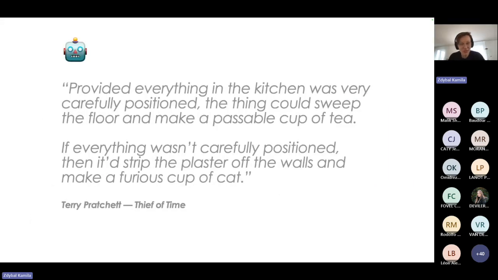So finally, there's this interesting quote that comes from Terry Pratchett, and I think it fits many machine learning algorithms, and especially t-SNE. There's this book where there was this robot, and that's a quote about this robot. "Provided that everything in the kitchen was very carefully positioned, the thing could sweep the floor and make a passable cup of tea.